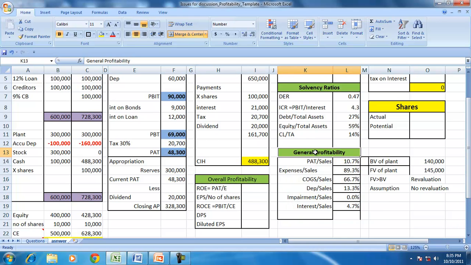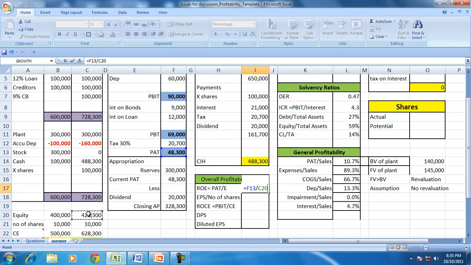The overall profitability is a variation of different shades of ROI, and ROI can be return on equity, ROI can be return on capital employed, ROI can be EPS too. So the return on equity is PAT divided by equity, which is 11.28%.